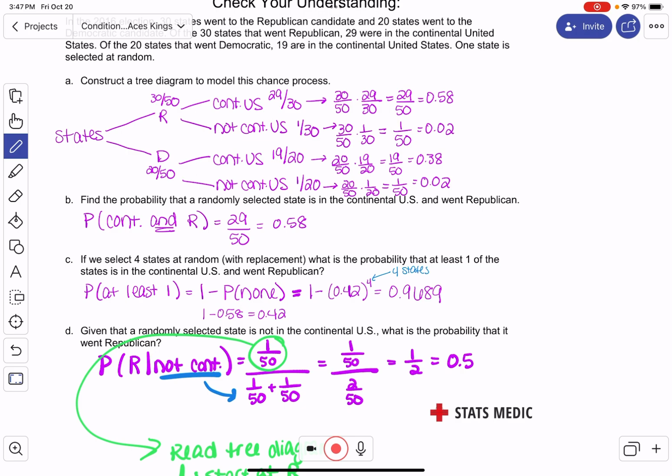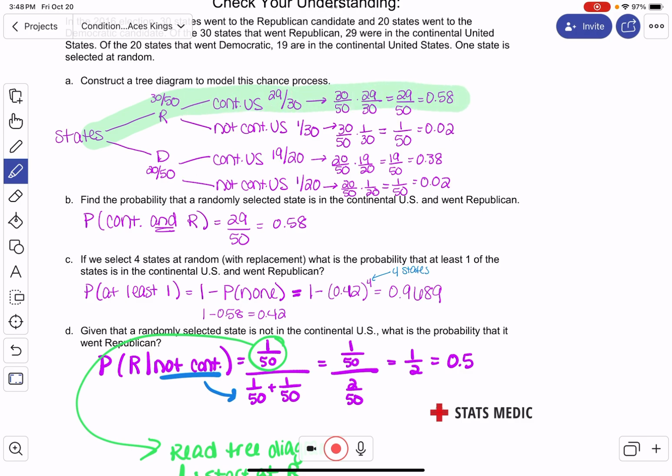So the probability of randomly selected state is in the continental U.S. and went Republican. So that's how we write it out the way that we would express it. So it's not a given situation. We're just following the tree for that probability of continental U.S. and Republican. So it's like we start here, continental U.S., and there's our answer, 0.58.